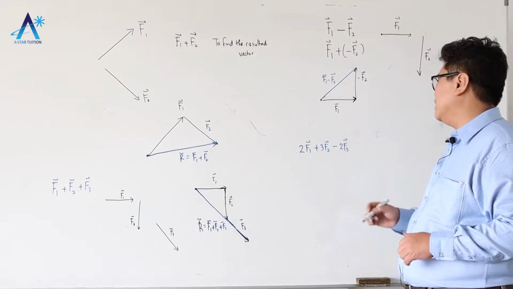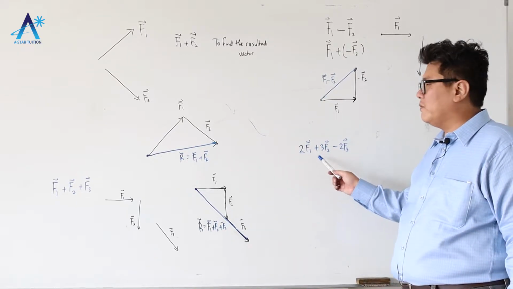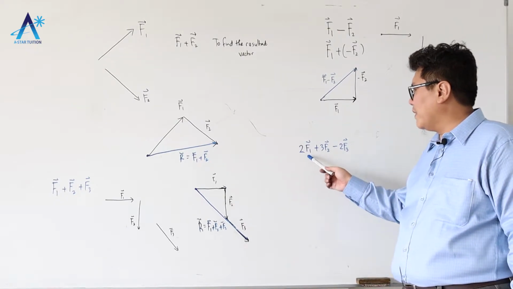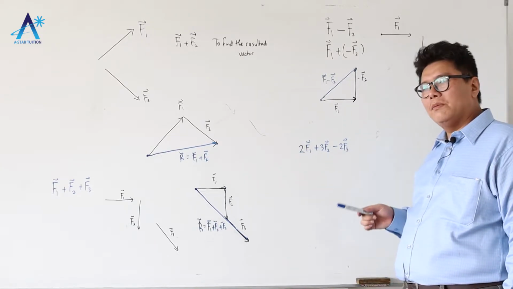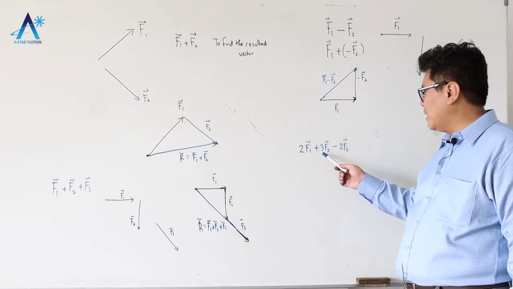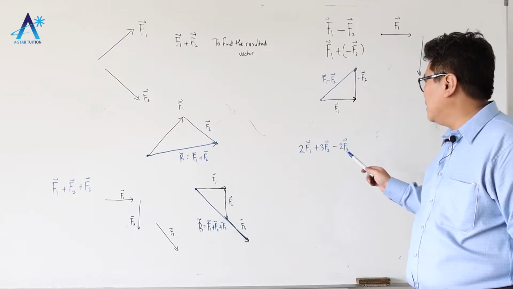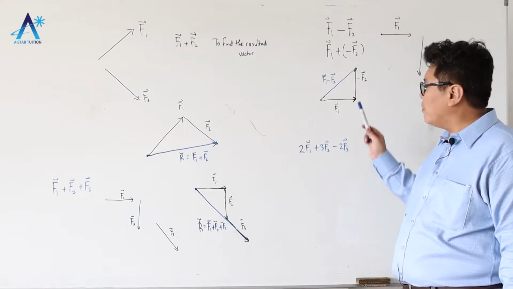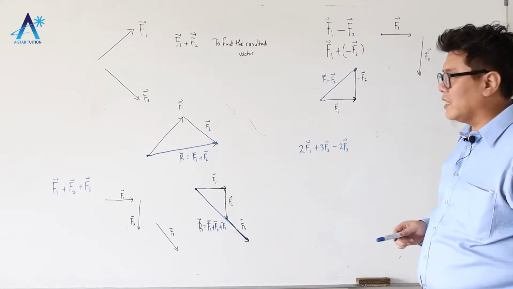Now what you need to understand is that 2f1 means you have a vector that is in the same direction as f1 but twice the magnitude, whereas 3f2 is simply a vector in the same direction as f2 but 3 times the magnitude, and minus 2f3 is a vector in the opposite direction of f3 but with twice the magnitude of f3.